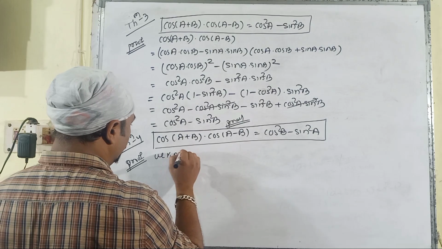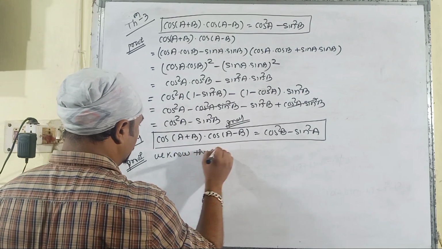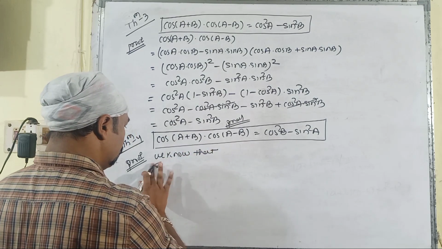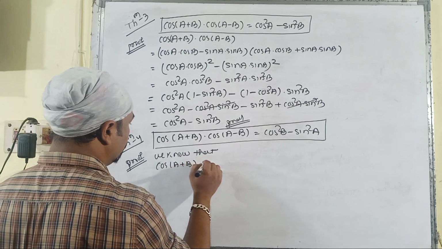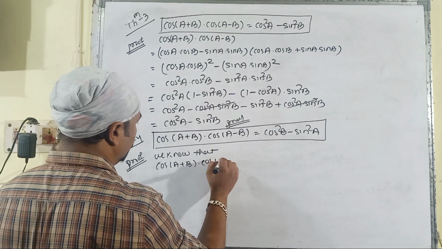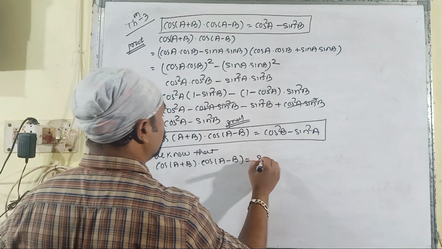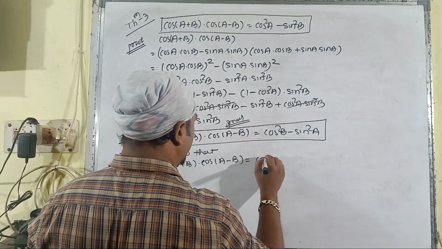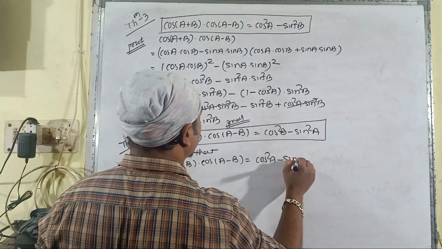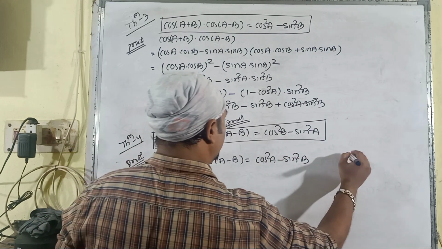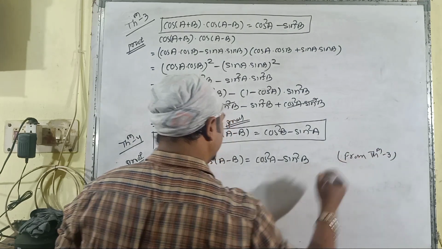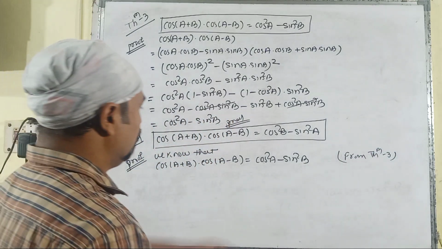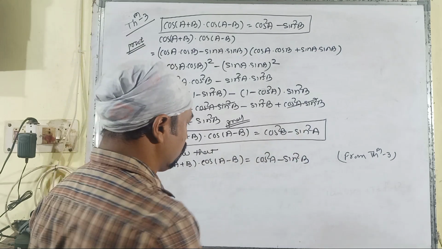We know that cos(A plus B) multiplied with cos(A minus B) is equal to cos square A minus sin square B from theorem number 3. But we need cos square B minus sin square A.